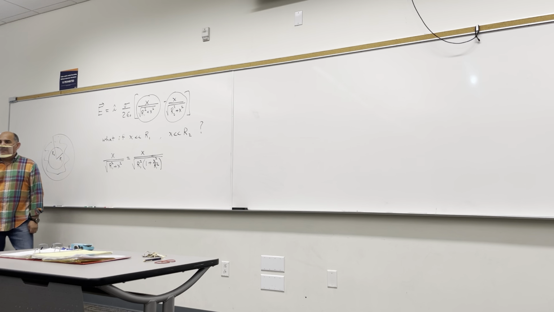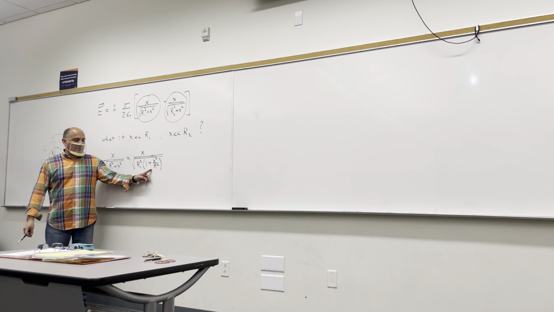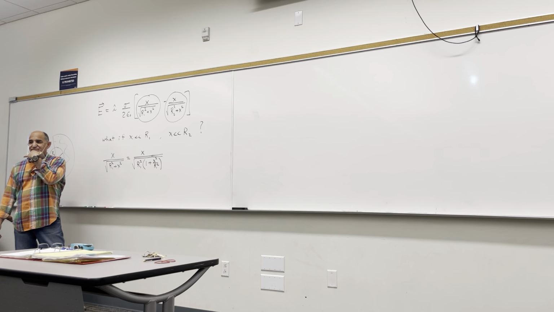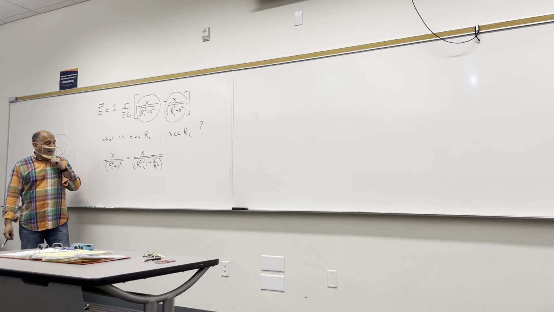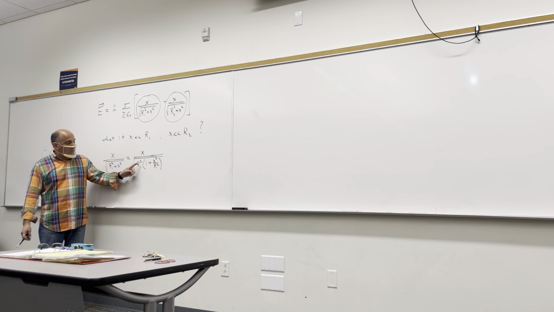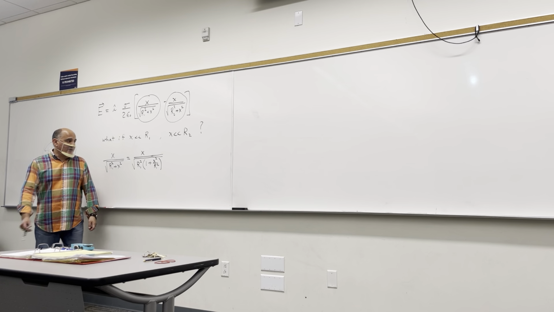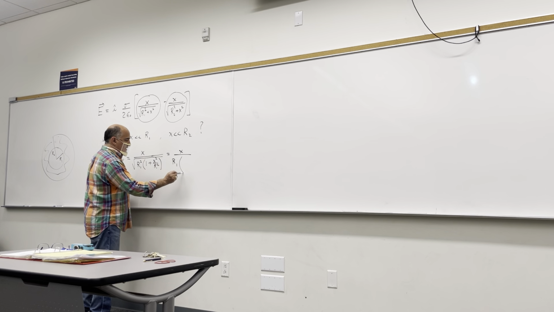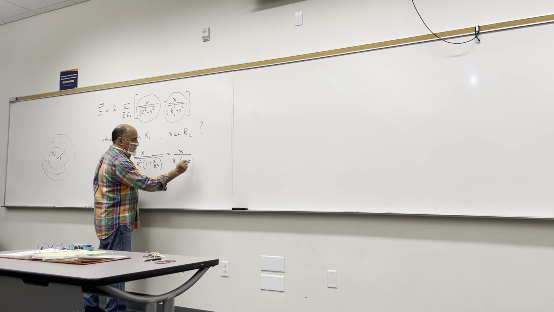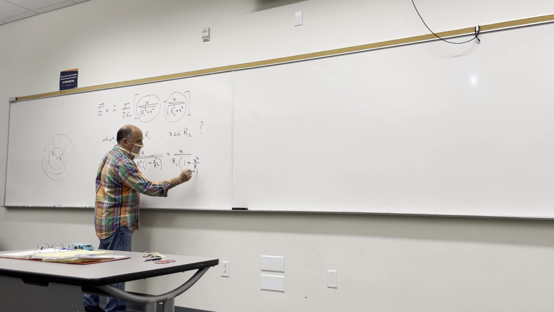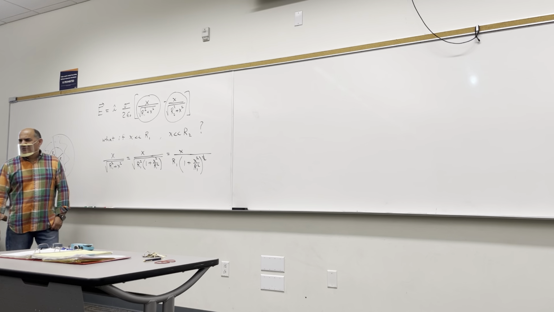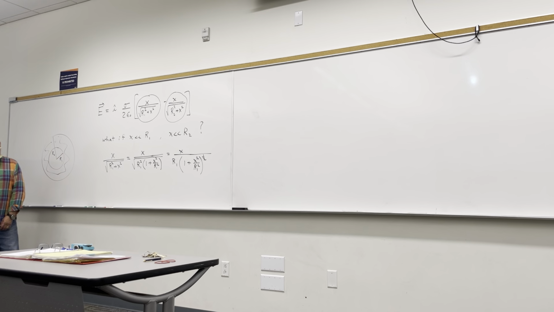If I multiply these, I get this, right? And the square root of R1 squared is R1. So this is x over R1, and then 1 plus x squared over R1 squared, raised to the 1/2 power. Instead of using the square root, I'm going to use the 1/2 power.